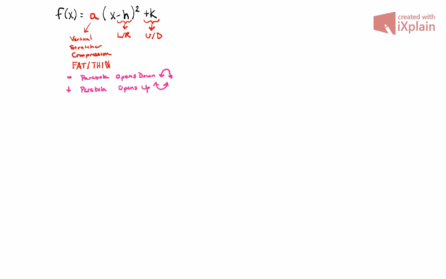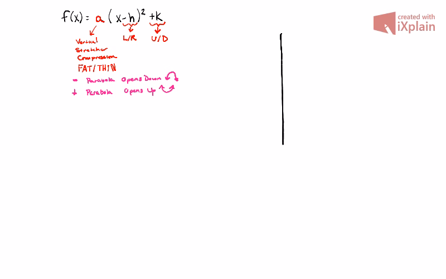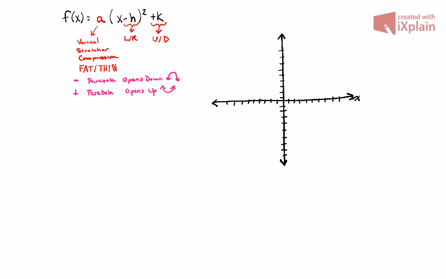So before I begin, recall that a parabola basically has a U shape to it. The parent function, which I'm going to do in orange, is f of x is equal to x squared.